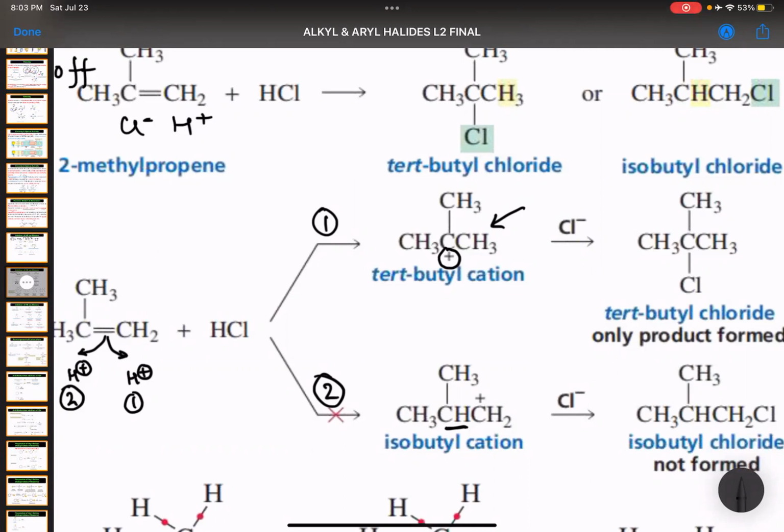The H plus should connect in a way such that the plus charge comes on the more branched carbon atom, a more substituted carbocation, because these alkyl groups are not electronegative and they are electron donating. They push the electrons slightly towards the plus, and that makes the plus stable.